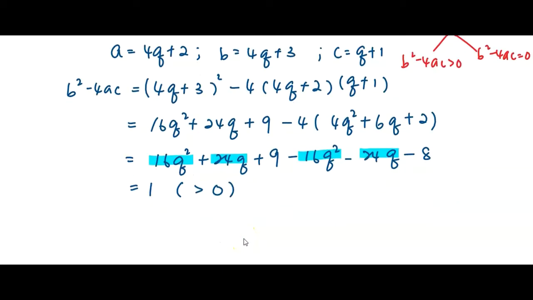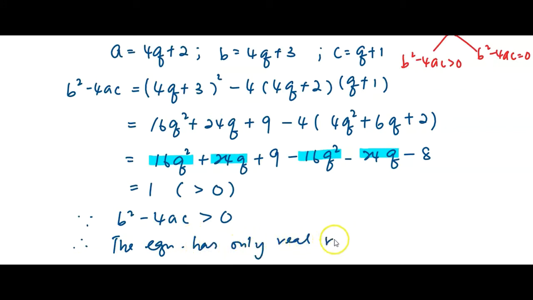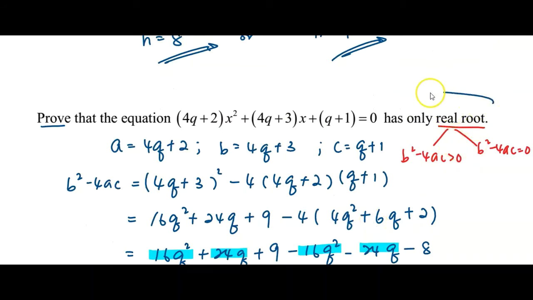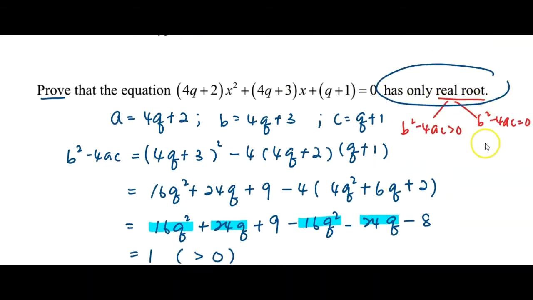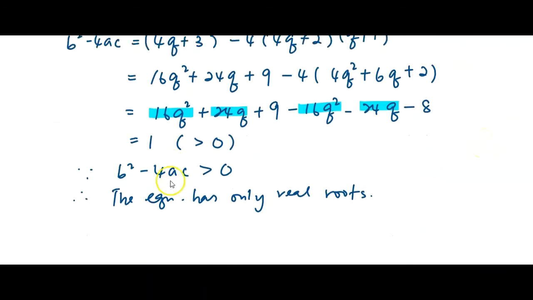Okay, so greater than 0 means that since b squared minus 4ac is greater than 0, we can say that the equation has only real roots. All right, or precisely you can say it has two different real roots. Okay, it has real roots also, because I am just answering the question. The question asked me to prove it has only real roots, so I just follow the question.